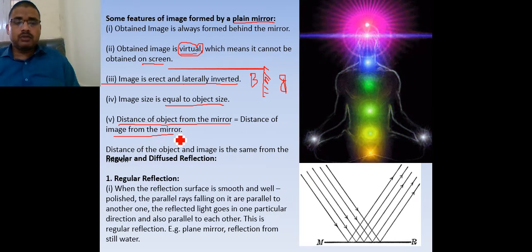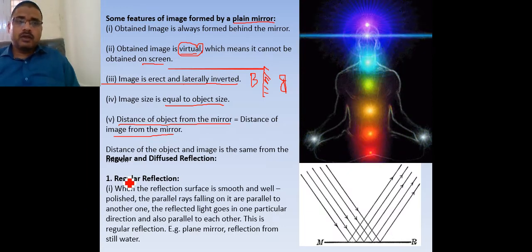These two points are very clear. Now there are two kinds of reflection that take place because of the nature of the surface. If the surface is rough, the reflection is diffuse reflection. If the surface of the mirror is smooth, the reflection will be regular reflection.